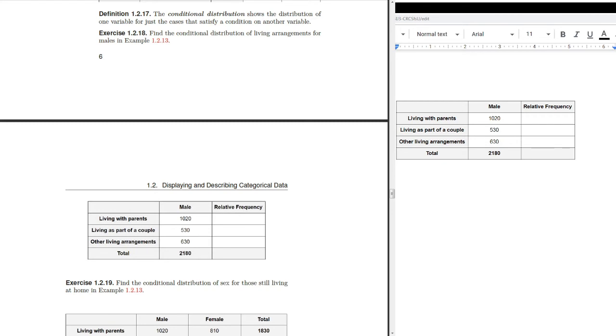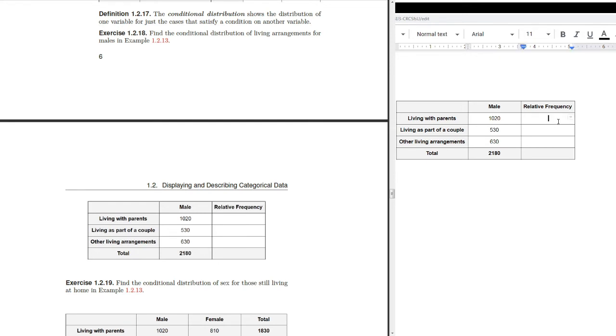So for this example, our condition is males, and we want the distribution of living arrangements. Here is the first column of the contingency table, and to find the conditional distribution, we will take each frequency, but instead of dividing it by the grand total, we will divide it by just the total number of adult males, since this is our condition.